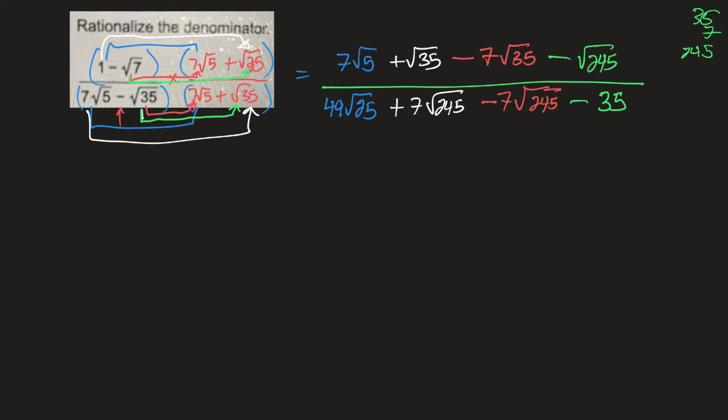Okay, now let's see if we can simplify. On the top, root 35, this is 1 root 35 minus 7 root 35. That'd be a negative 6 root 35. 7 root 5, can't do anything with that. Okay, 245, we did that. That's 7 times 35, right?